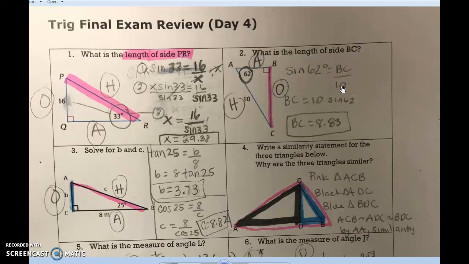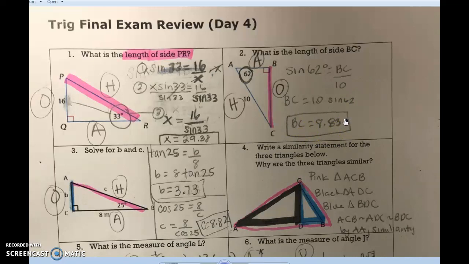Divided by 10. So you can either label it BC or you could put X. It doesn't matter. All right. So you're going to multiply 10 on both sides. And then you're going to get BC equals 10 times sine of 62. And BC equals 8.83.